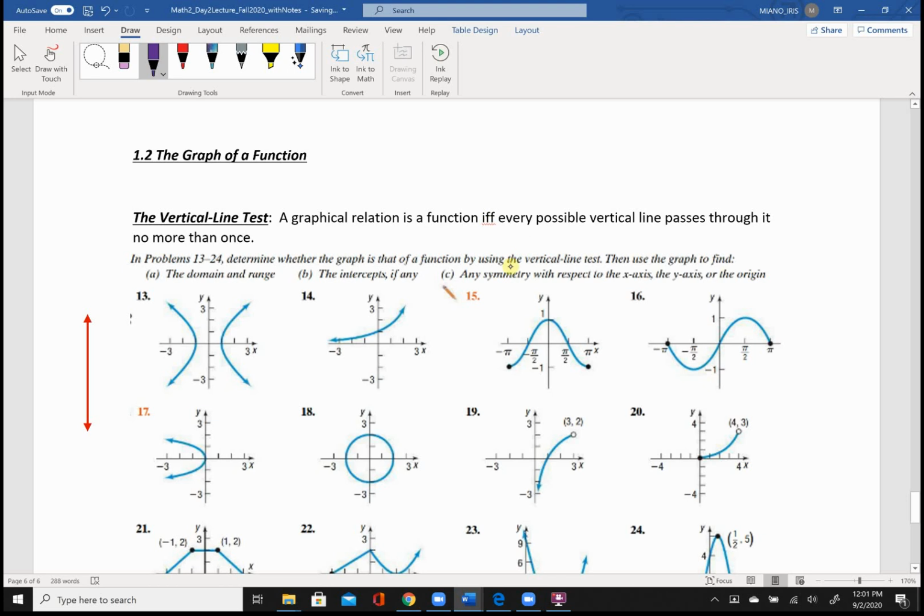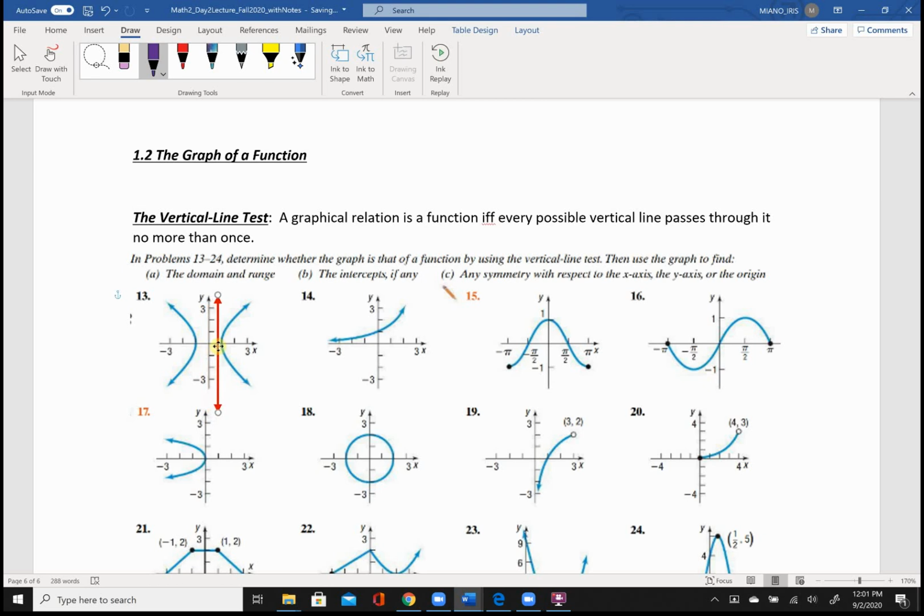So the vertical line test reads as a graphical representation is a function if and only if every possible vertical line passes through it no more than once. Okay, so here is a vertical line, and I'm going to use this to slide it over my graph to see if there's any instance in which the blue crosses the red more than once. Look what's happening with number 13.